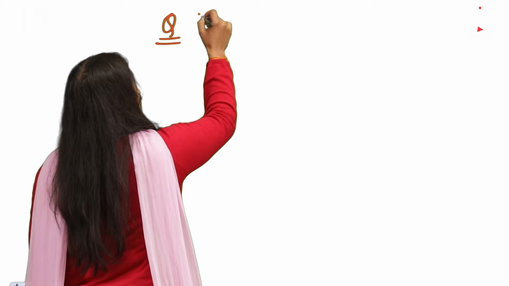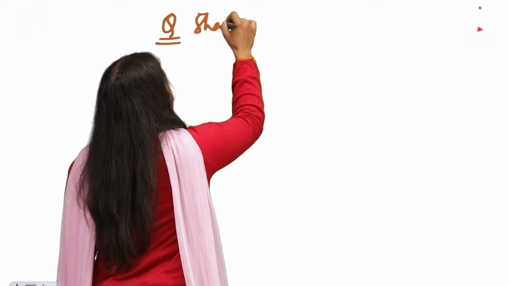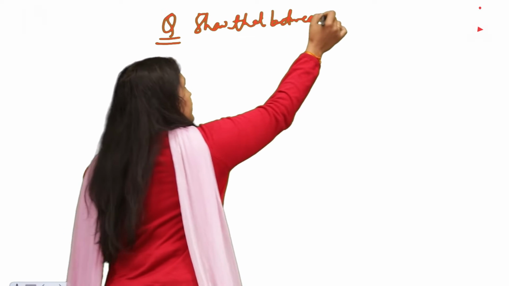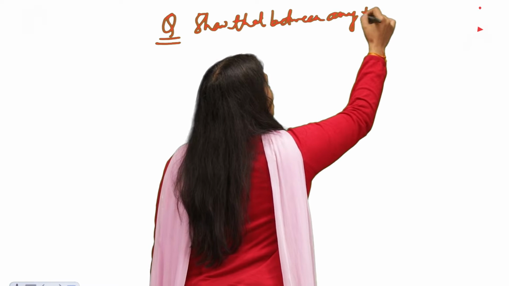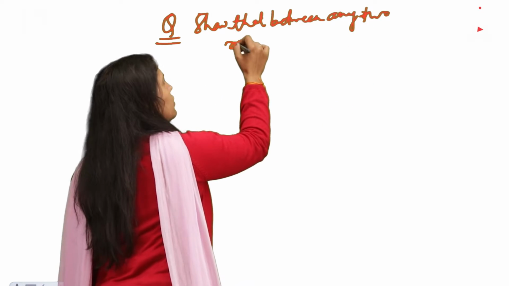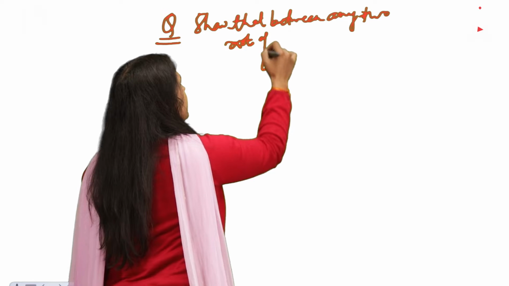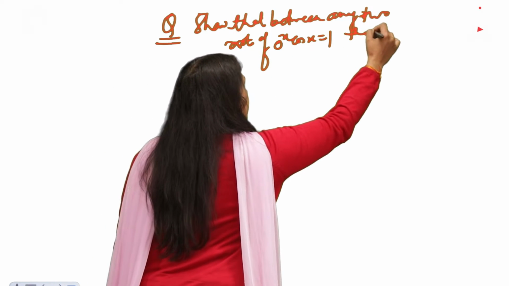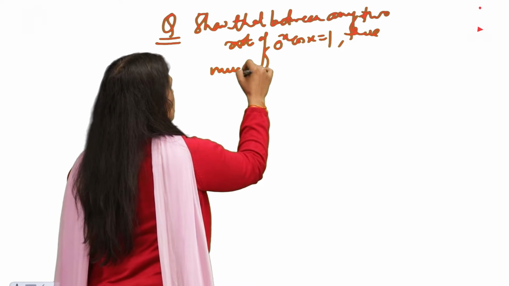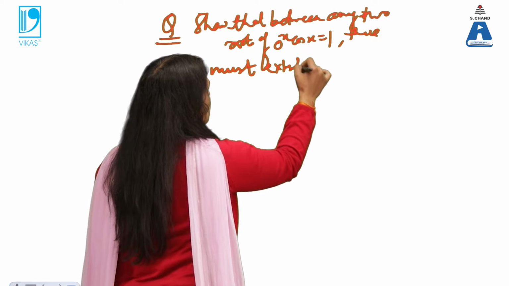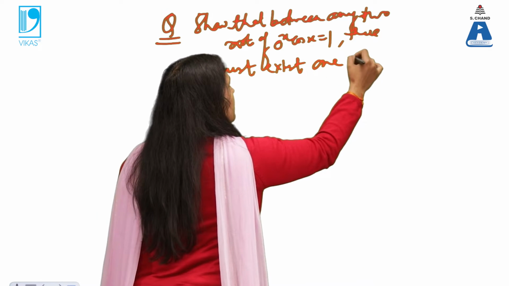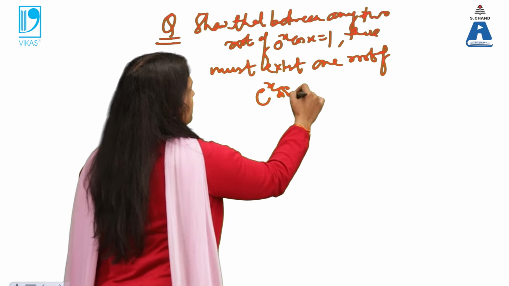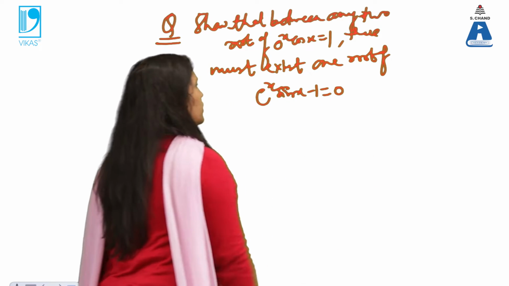The question says that show that between any two roots of e to the power x cos x equal to 1, there must exist one root of e to the power x sin x minus 1 equal to 0.